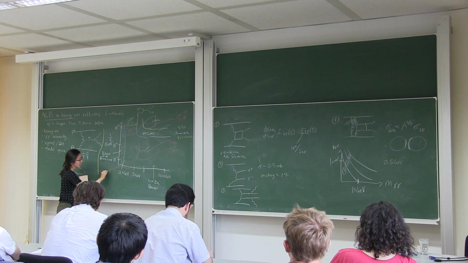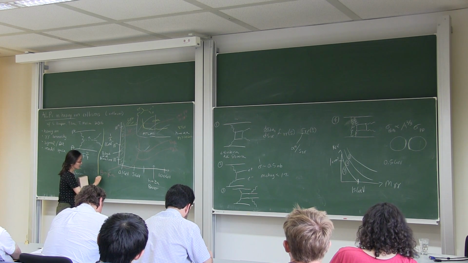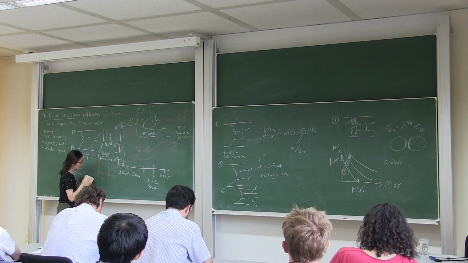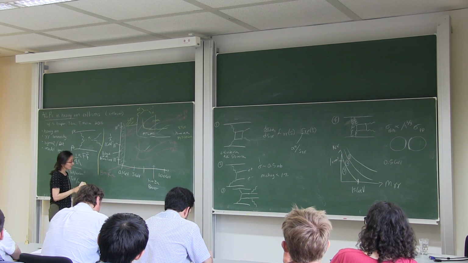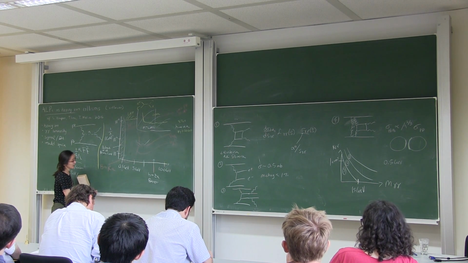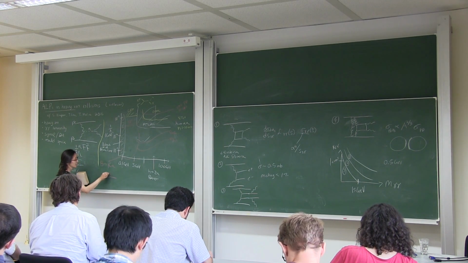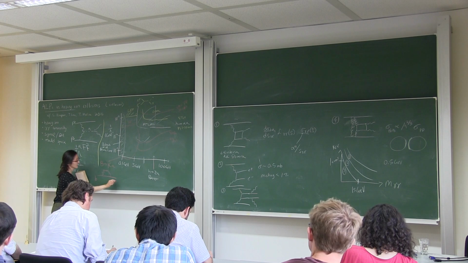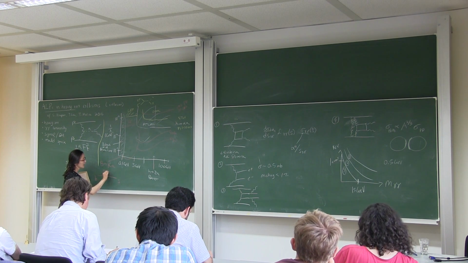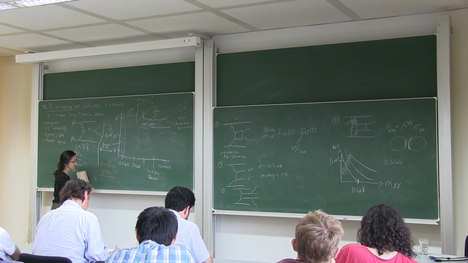And finally, all of this region can be covered with rare flavor decays like B to K a. This is coming if I have axions that couple to a W. So here's my b to s transition with a W, and the axion comes off.